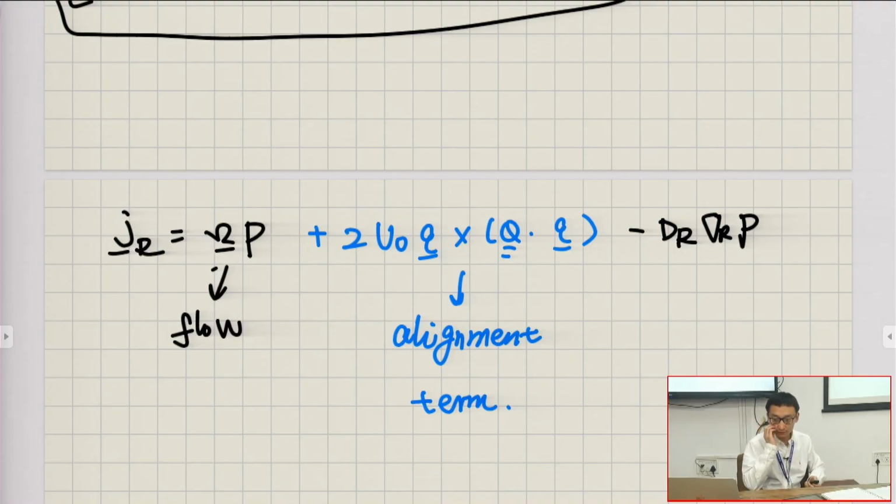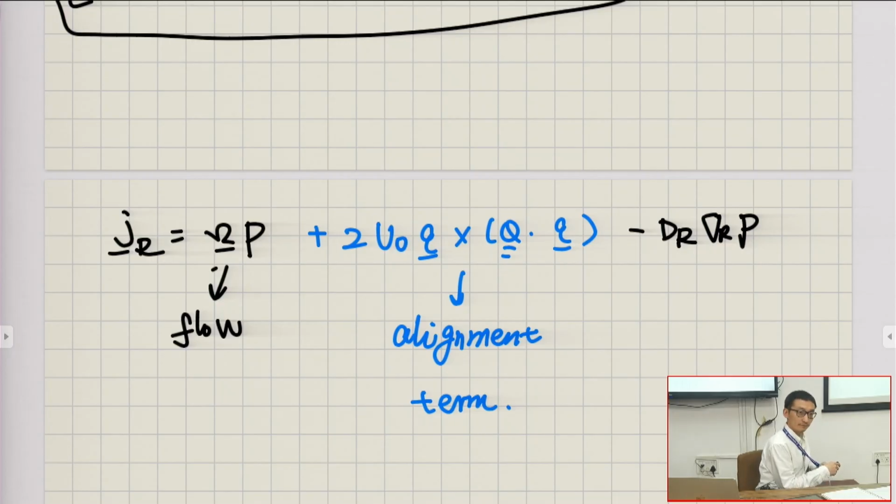Okay, so then I have one question for you, which is, why is this an alignment term? Can you see that from the structure of the angular velocity? So let's think about that for a bit. Maybe things in the system. Sorry? It's kind of the cross product.